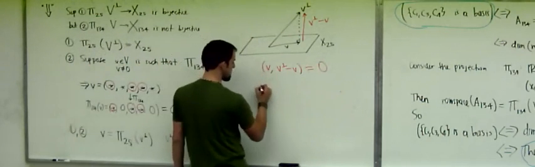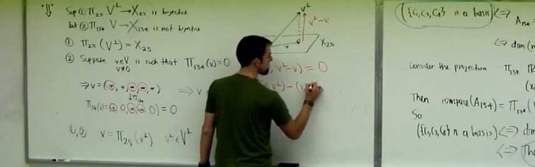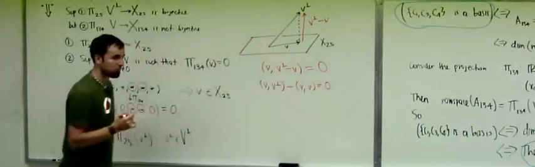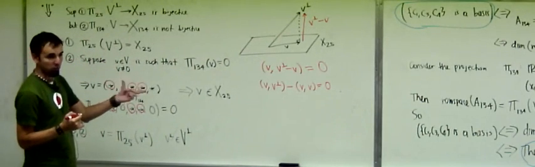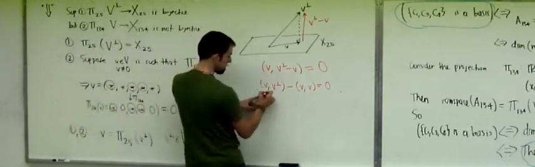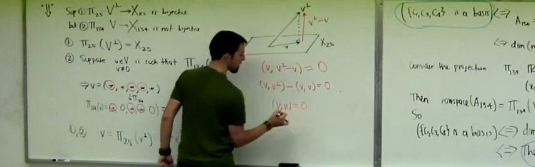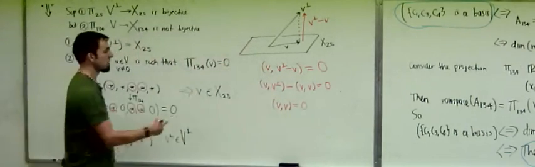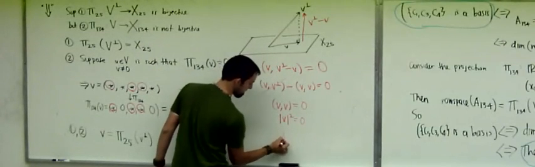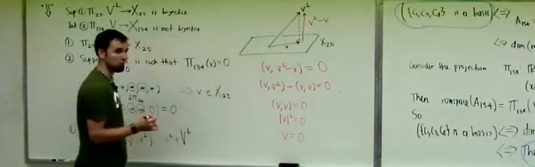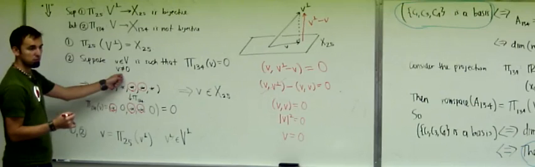But I can distribute, say the inner product of V with V perp minus V equals 0. But V and V perp are orthogonal. So this is 0. In other words, the inner product of V with itself is 0. But this is the norm of V squared, which is 0. In other words, my vector V is equal to 0. And that contradicts my assumption that V was not equal to 0.